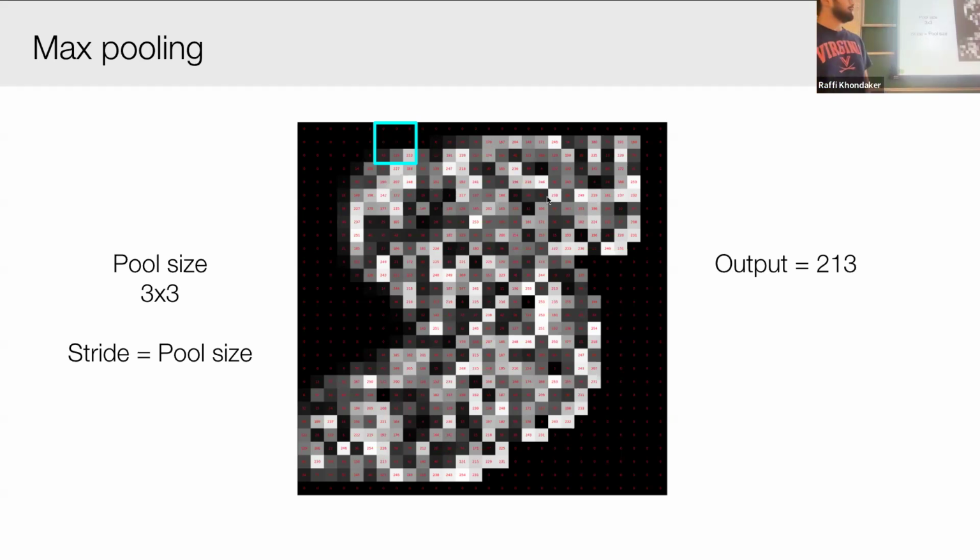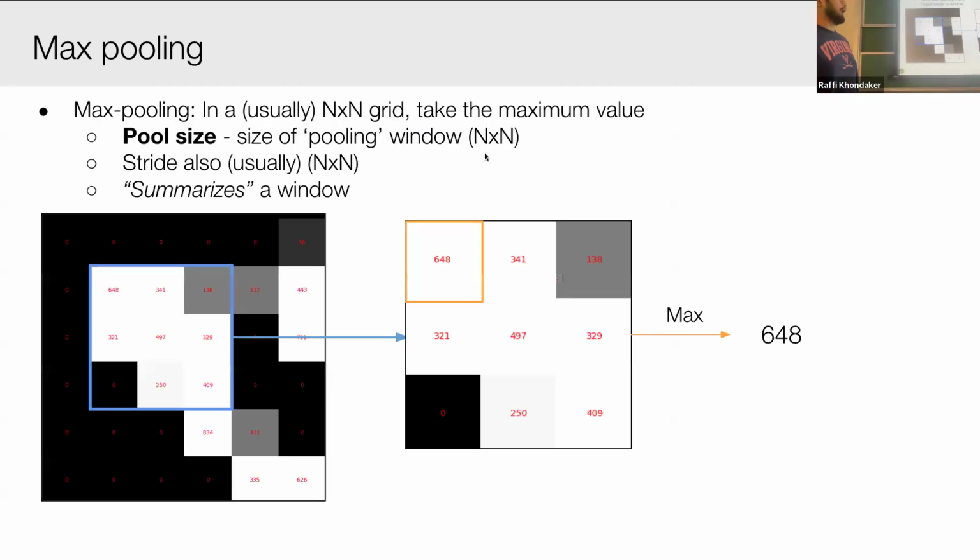Good question though. And again, we're avoiding taking overlapping regions because, unlike a convolution where we're trying to get as good of a filter as we can, with a max pooling step we're trying to simplify our image.